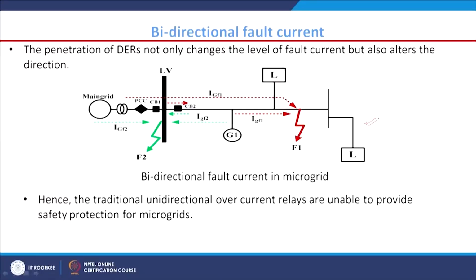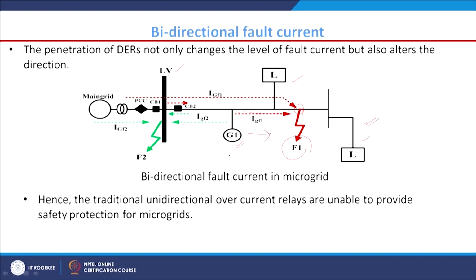Now, we have another concern, that is the bidirectional fault current. See this particular picture: here this is a low voltage bus, here we have this DG, here we have loads, and this is the fault point. If this fault is F1, the fault current contributed by this DG is in the left to right direction.